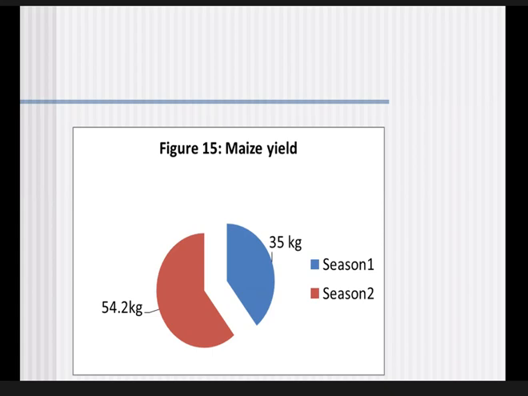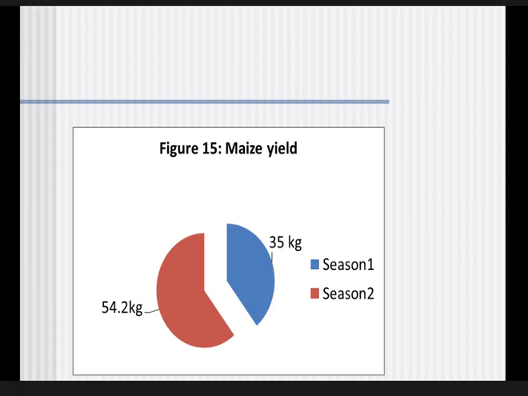These are just 2 points. Season 1 is 35 kilograms. Season 2 is 54.2 kilograms. The decimal places are inconsistent. In season 1, you have 0 decimal places. In season 2, you have 1 decimal place. So you should be consistent with the decimal places.